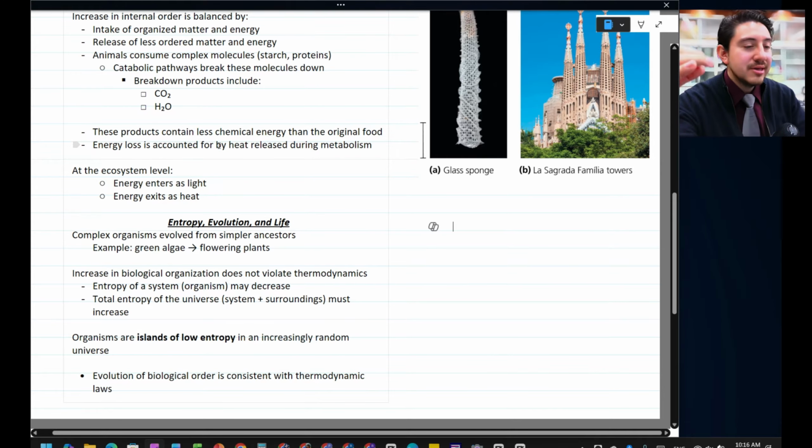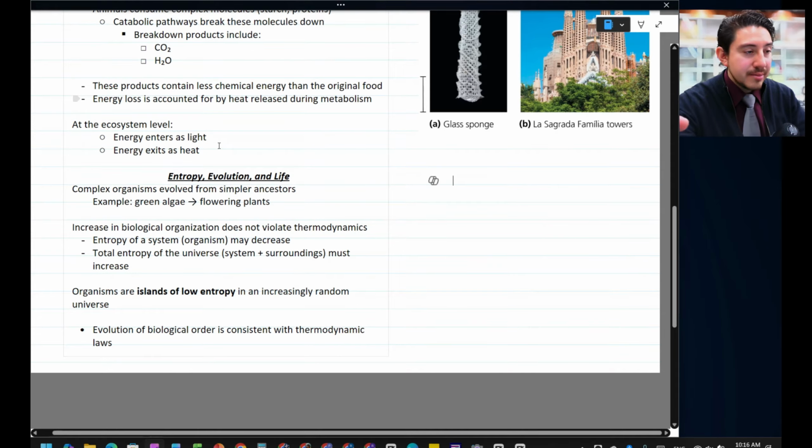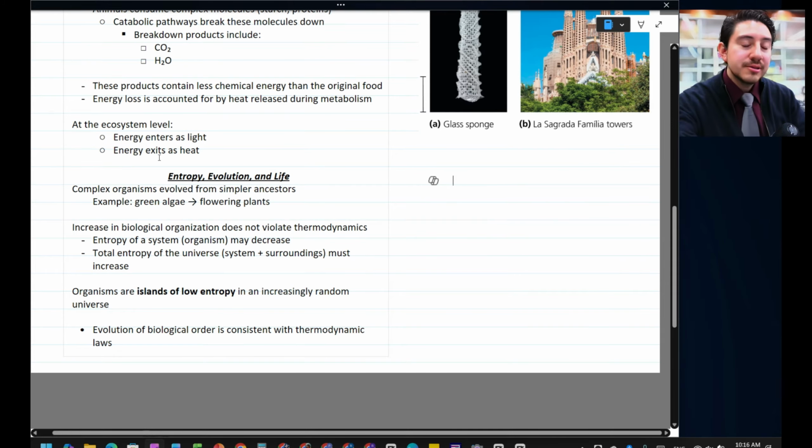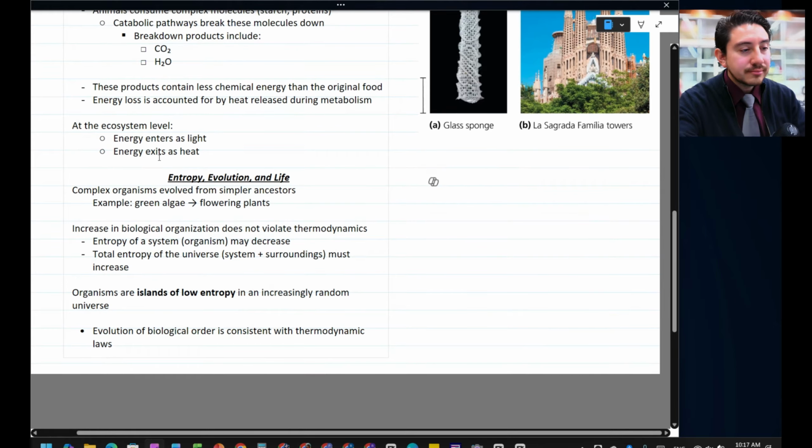Again, always have heat in the back of your mind in this whole idea of thermodynamics. At an ecosystem level, you can still see this happening. Energy enters as light, is processed into chemical energy by photosynthesis, and energy exits as heat in the overall environment. A little bit of context in terms of evolution and life and entropy.